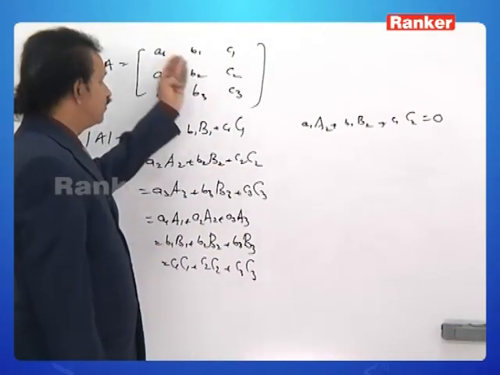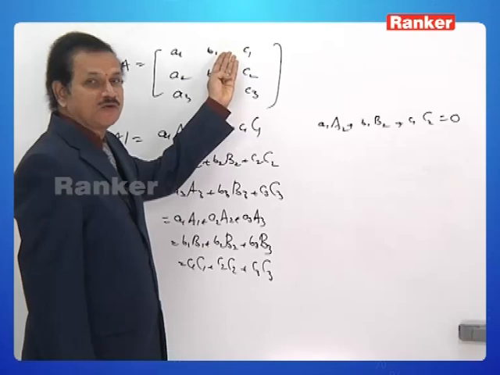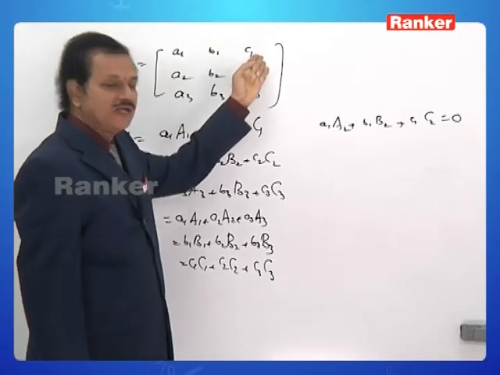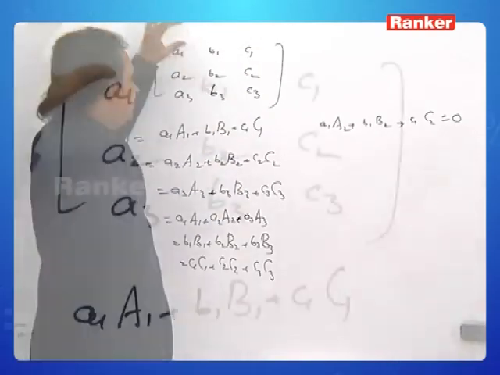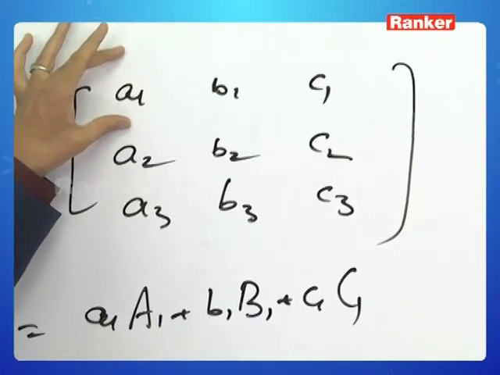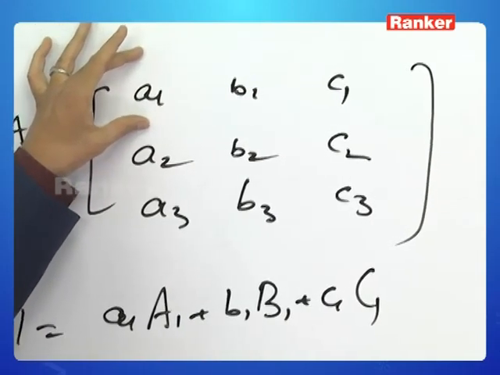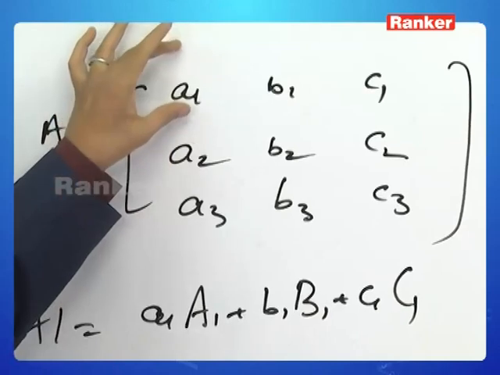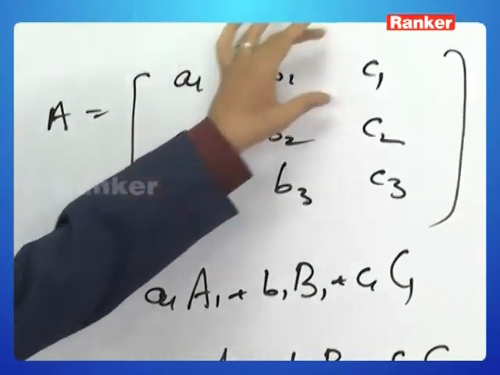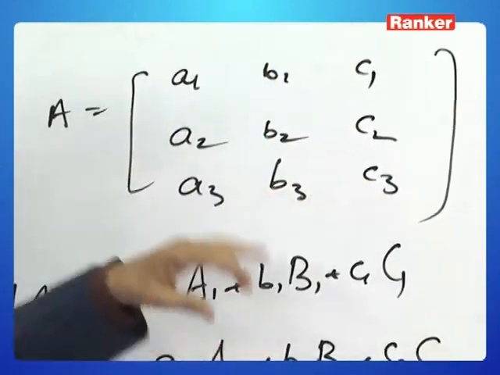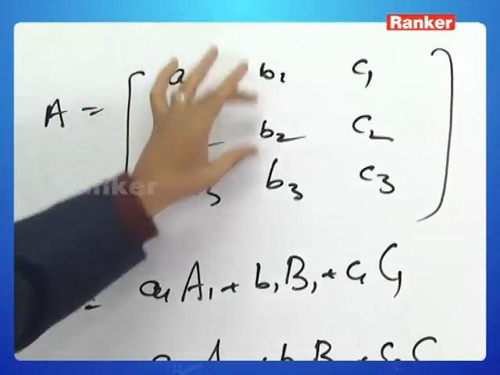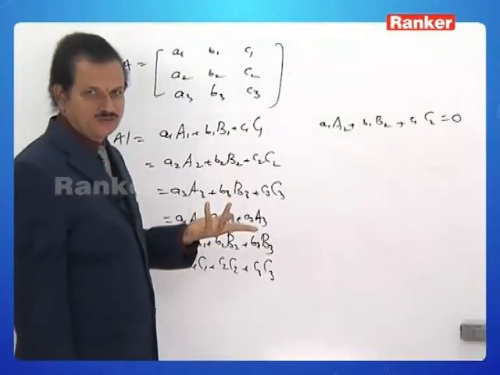Yes, if you multiply the elements with the cofactors of these elements only, you will have the determinant. Elements are these, cofactors are of these other elements. Then a1 A2 plus b1 B2 plus c1 C2 is 0. Similarly, a1 A3 plus b1 B3 plus c1 C3 is 0.